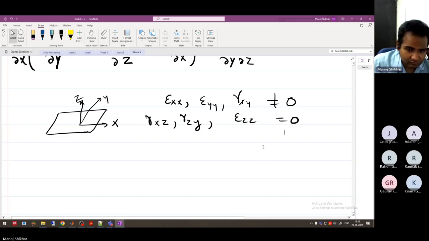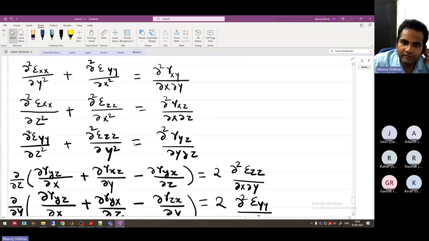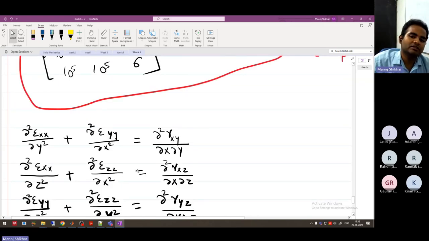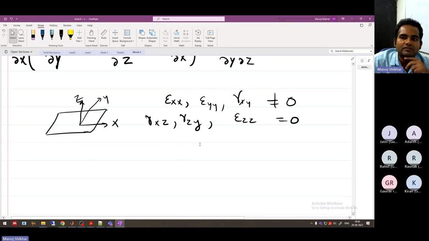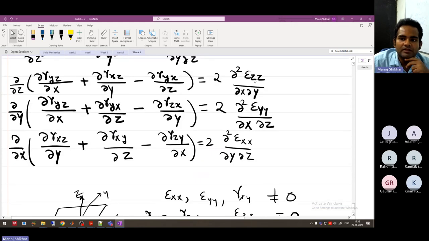And there, five of the compatibility equations get automatically satisfied. So there we need to check only one compatibility equation. For example, in this case, if you put epsilon zz 0 here, gamma xz, gamma yz 0 here, what you will get is gamma xy getting differentiated twice with respect to z.